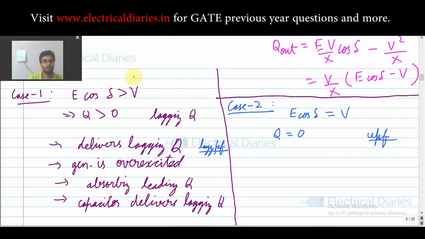Now case 3 is when your E cos delta is less than V. So this implies your Q is less than 0.